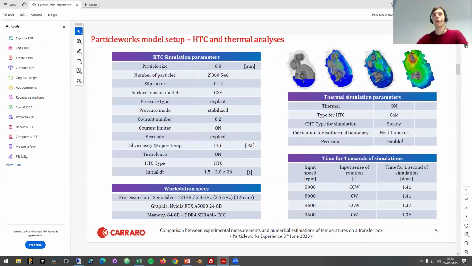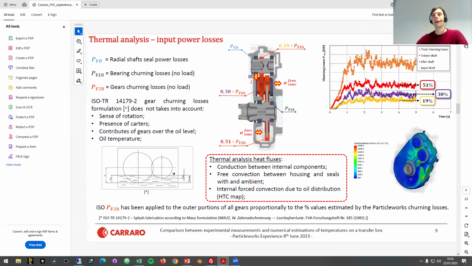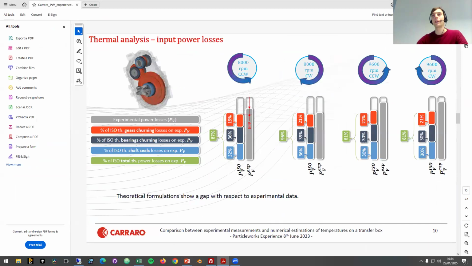Carraro presentation at our conference, this is public material. You can see here the torque prediction, actually total losses in the gearbox, as compared to experiments. In the first slide, we see the ISO standard prediction on the churning losses.